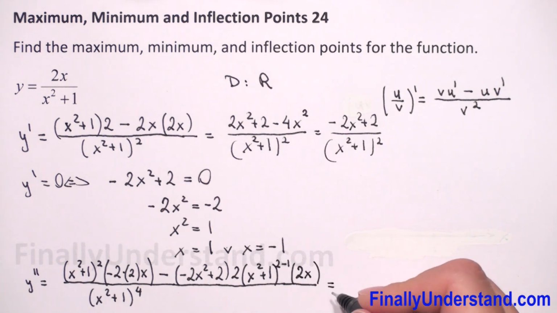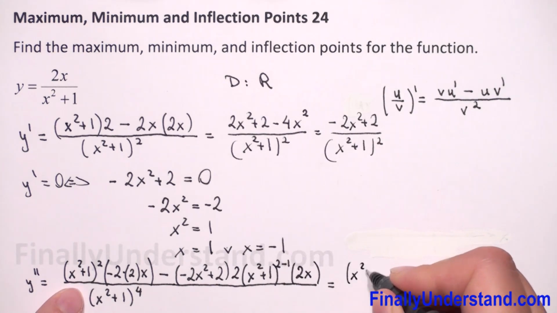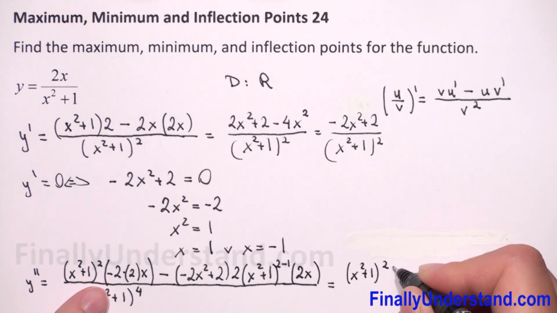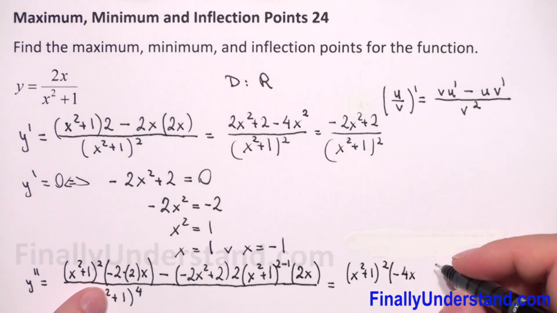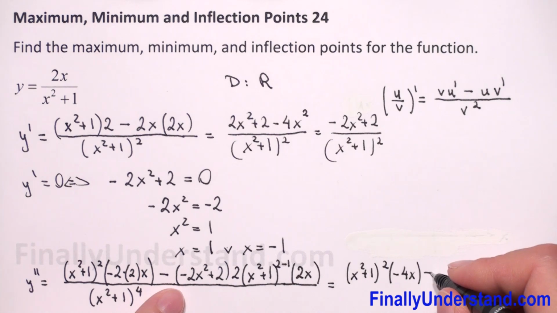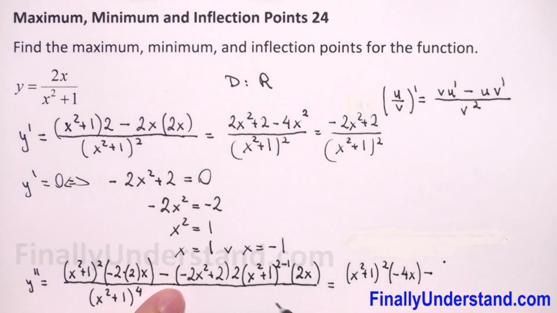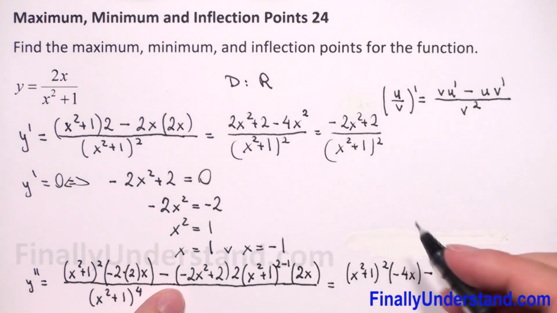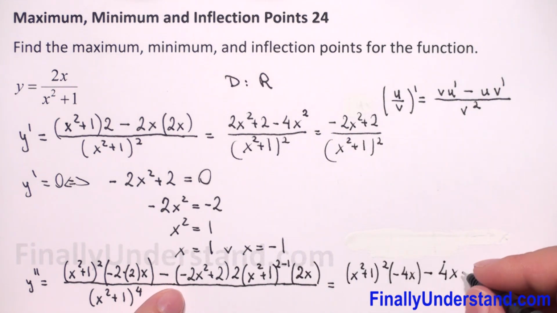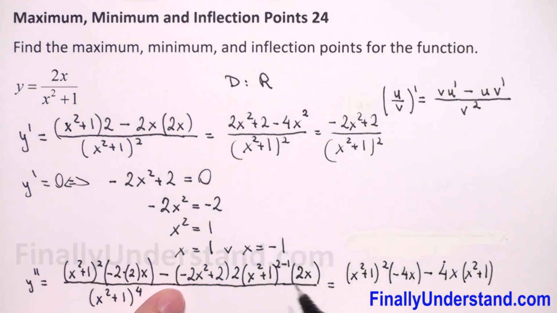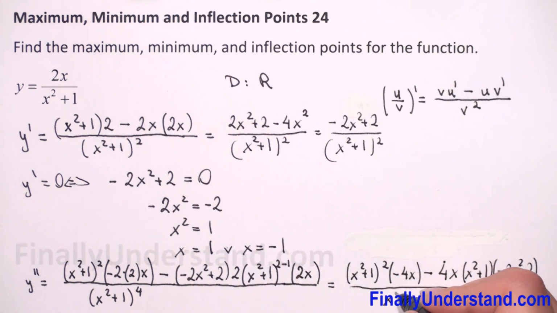So this is equal to x squared plus 1 to the second power times negative 4x, minus 2 times 2 will be 4x, times x squared plus 1 to the first power, times negative 2x squared plus 2, over x squared plus 1 to the power 4.